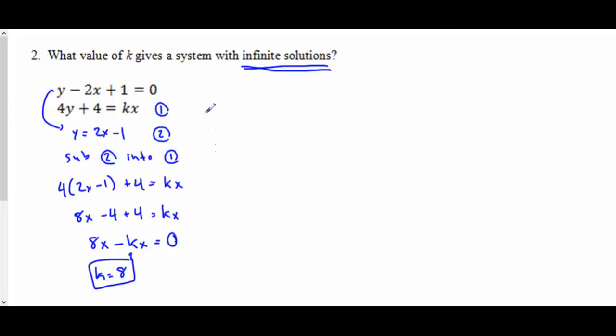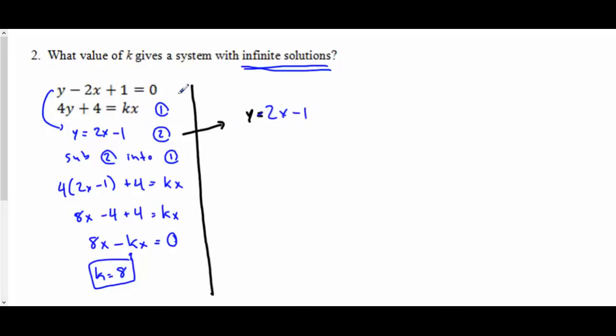Now, I mentioned there were a couple ways to solve this, so I'll show you a slightly different method. If I took these two equations and rearranged them so that I would have y equals mx plus b, let's see what I would have. I already did that for the first equation, so I have y equals 2x minus 1.